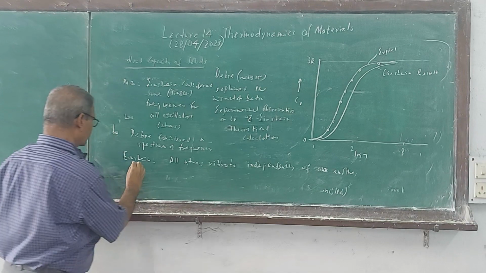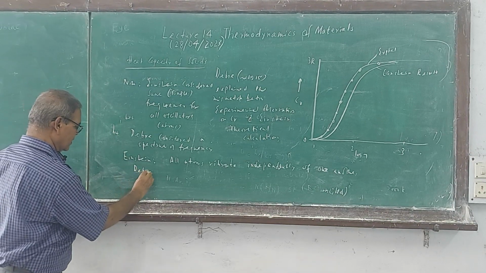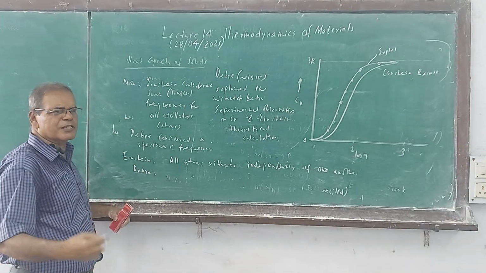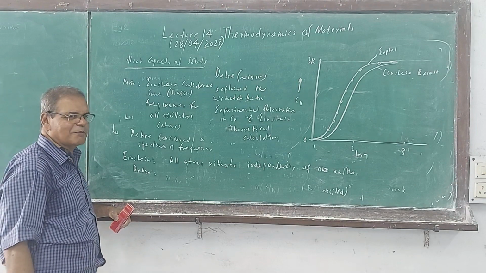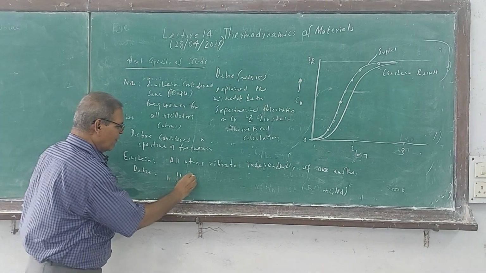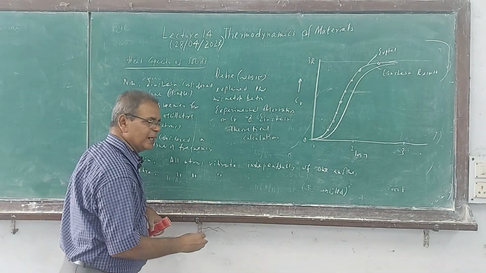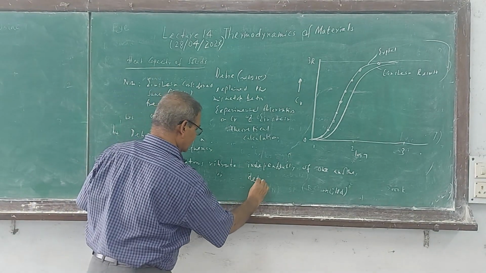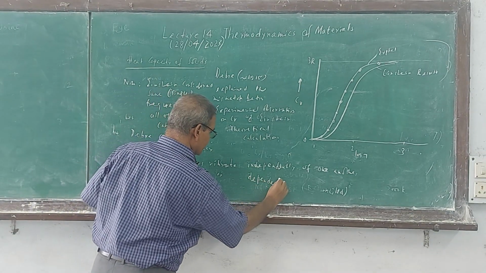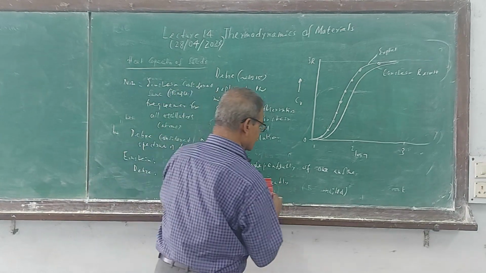While in Debye's model, the atoms are not independent. In Einstein's model they are independent, so the same frequency, and here all atoms vibrate dependently. So what is the result? Single frequency.